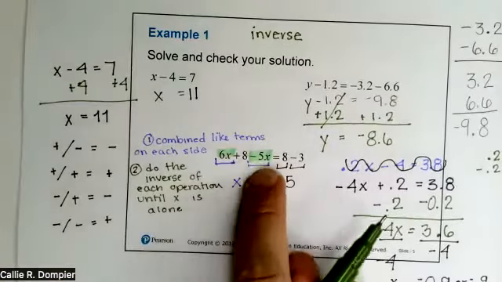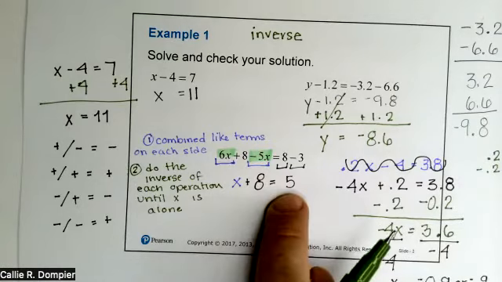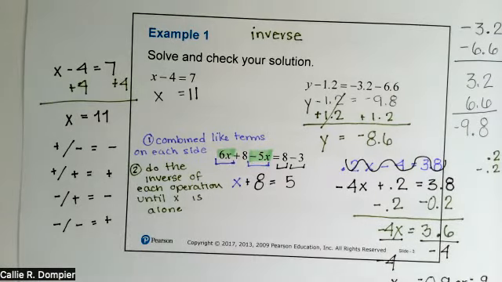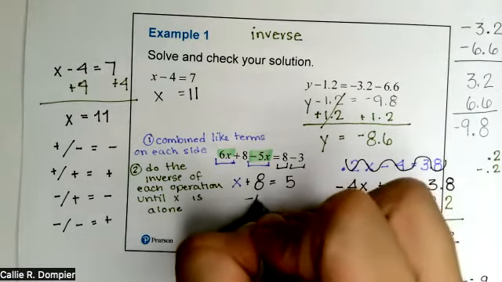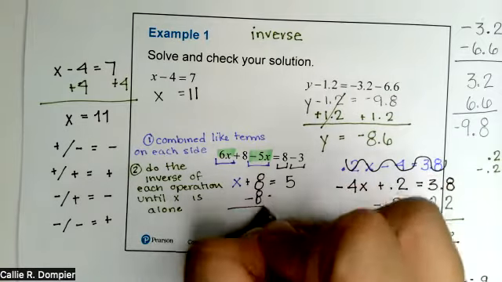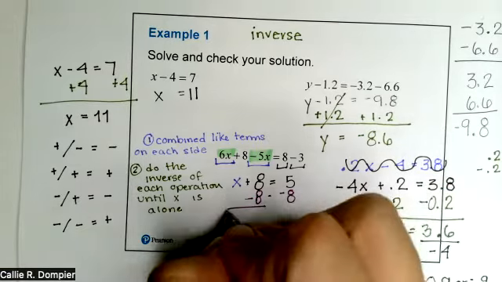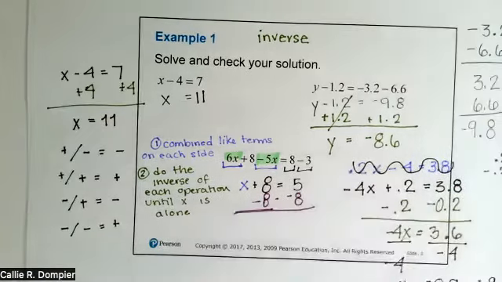Okay, so I combined 6x and negative 5x, I got x, plus 8 equals 5. So the inverse of adding 8 to something is subtracting 8 from that same thing. So if I do it on this side, I have to do it on this side. I can line up the 5 minus 8 because they are like terms.